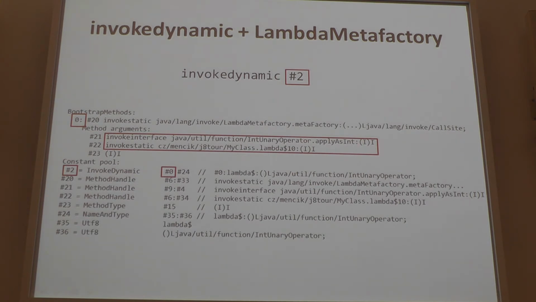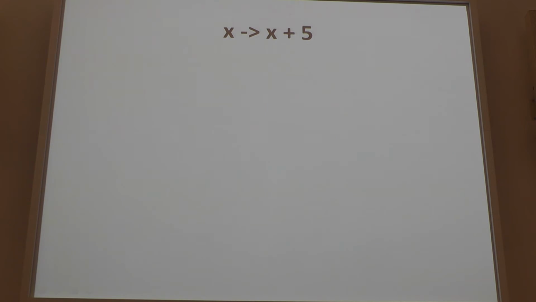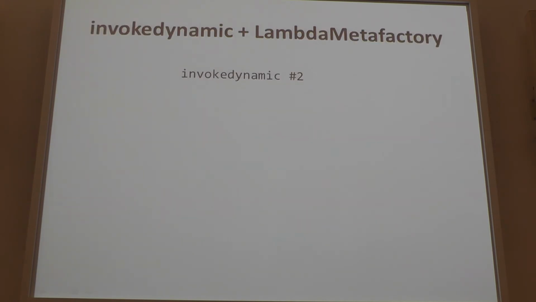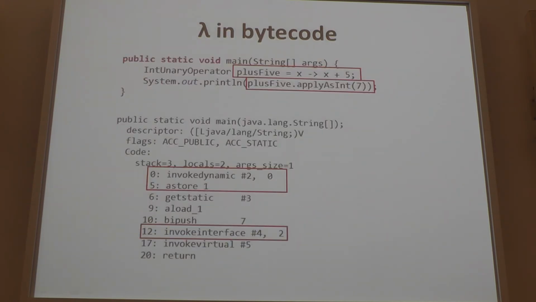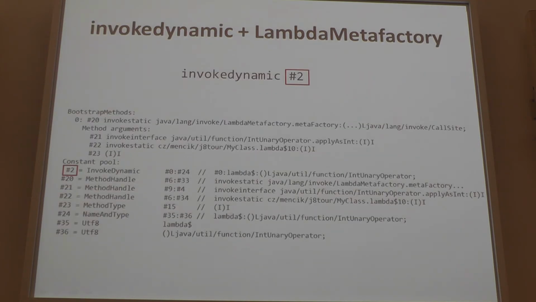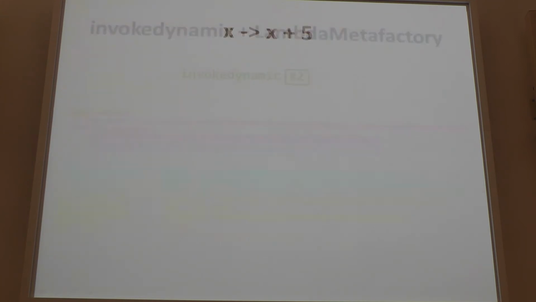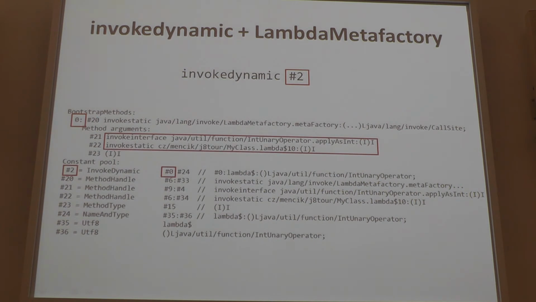So if we look back here, the lambda expression I used was x plus 5, and after this journey through the bytecode, we can see that the real implementation of this expression is in this compiler generated method.